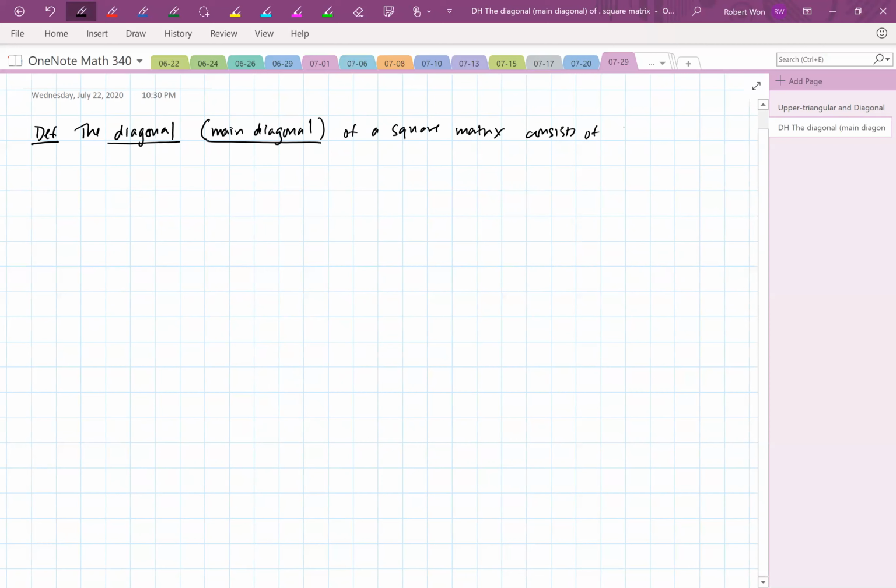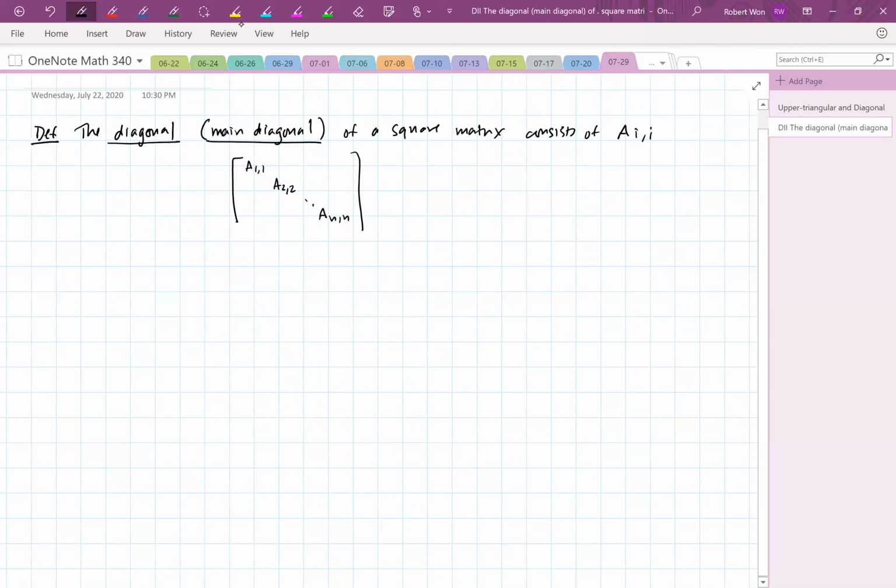Okay, so some terms for square matrices, which hopefully you've seen before. The diagonal, sometimes called the main diagonal of a square matrix, consists of the entries A_ii, right? So A11, A22, A33, that's along the line from the top left to the bottom right.